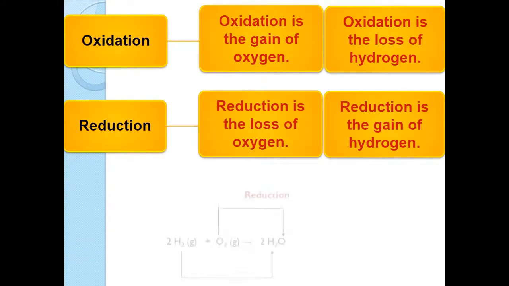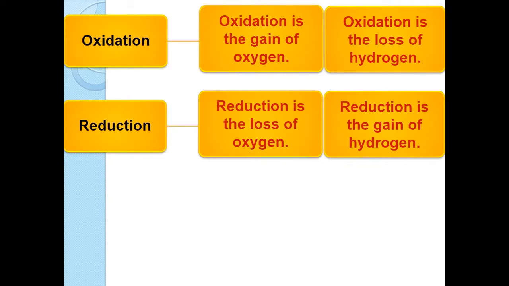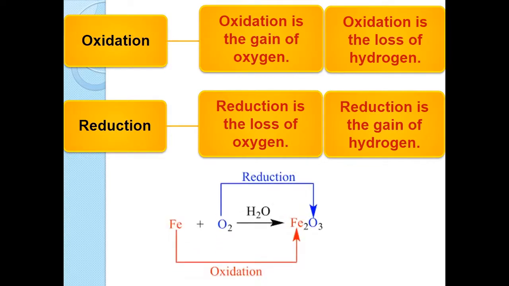One more very simple example of redox reaction. Reaction of hydrogen gas with oxygen gas to form water. Here hydrogen is undergoing oxidation because it is getting combined with oxygen, and oxygen is undergoing reduction because it is getting combined with hydrogen. Let us see one more example.